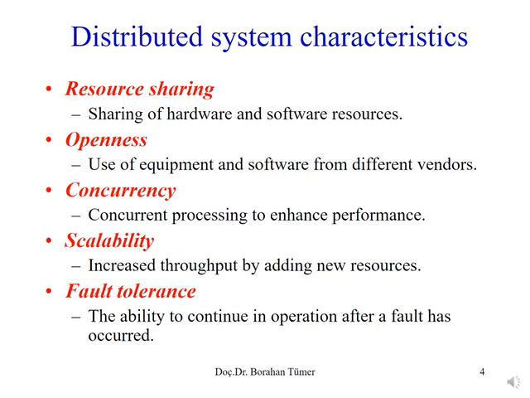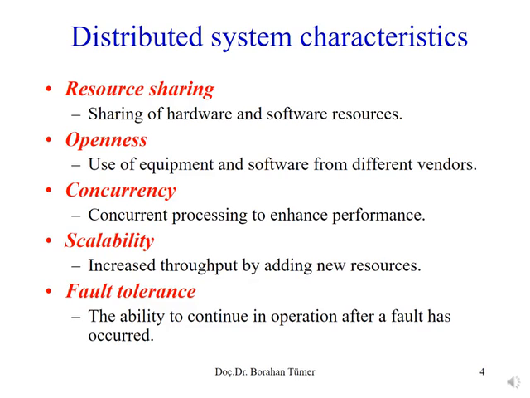With the appearance of the distributed systems as design alternatives in software engineering, now software engineers have to study the characteristics of distributed systems. Among others, resource sharing, openness, concurrency, scalability, and fault tolerance are important distributed system characteristics.